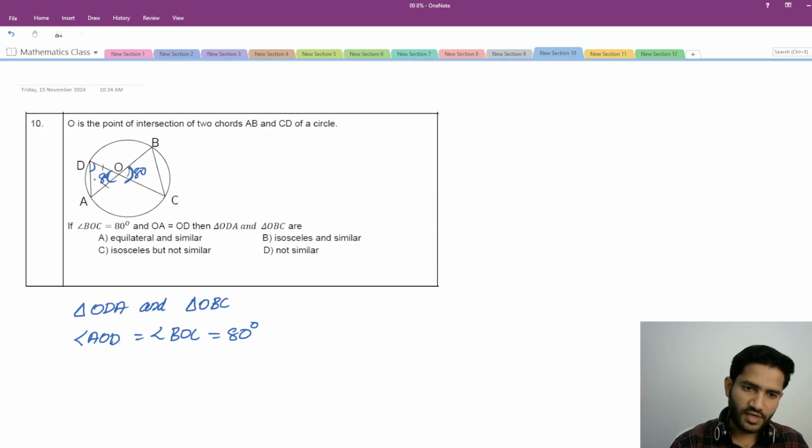So angles are equal, A equal to D, and by the angle sum property the sum should be 180. So both angles should be 50 and 50.